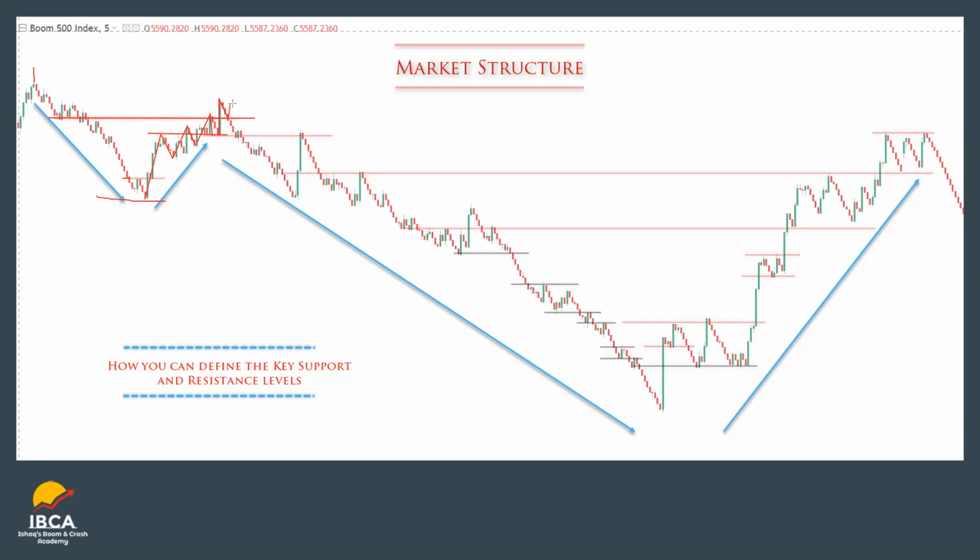If it spikes here, what would you do? You would buy, right? If it spikes here, you would buy.